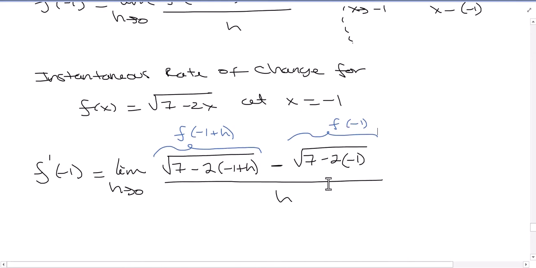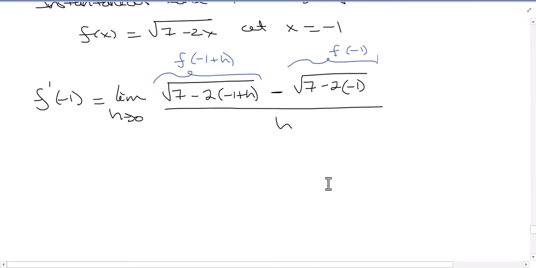And so we simplify this. So let's distribute that -2 into the parentheses. So I'm going to have the limit as h goes to 0. Make sure that you have your limit there, right? If you don't have the limit, you are not finding the instantaneous rate of change. You're finding the average velocity, average rate of change, but we want the instantaneous. So the instantaneous, you must have that limit there.